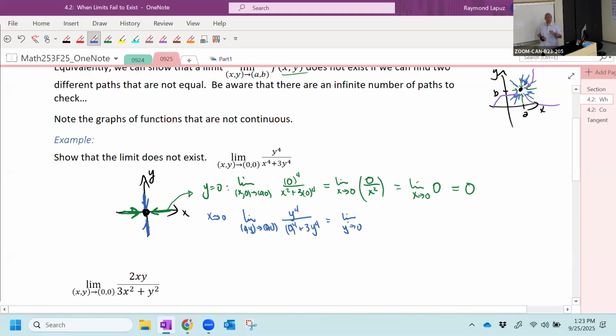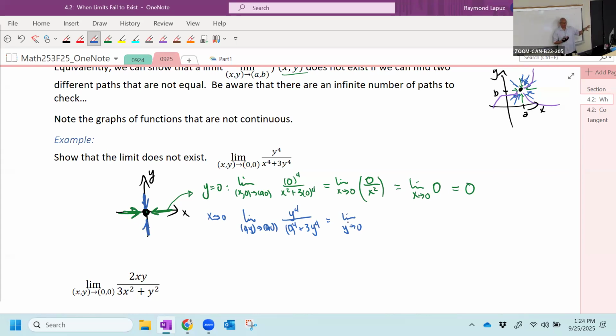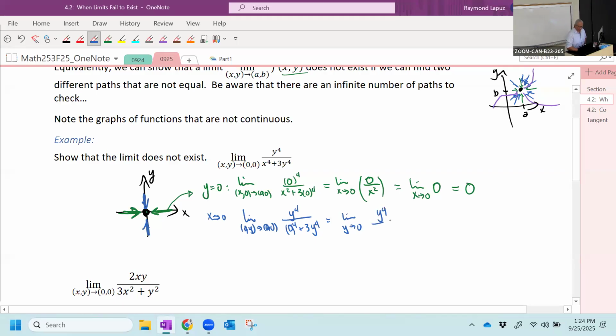All right. I'm almost caught up to you guys. So as x equals 0 is my limit, because x is already 0, I can get rid of that variable and change all the x's into zeros. Now I just have the limit as y approaches 0 of y to the 4th over 3y to the 4th.